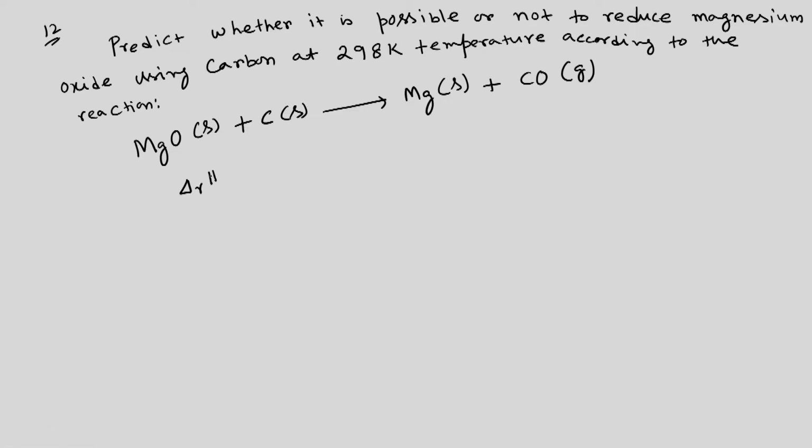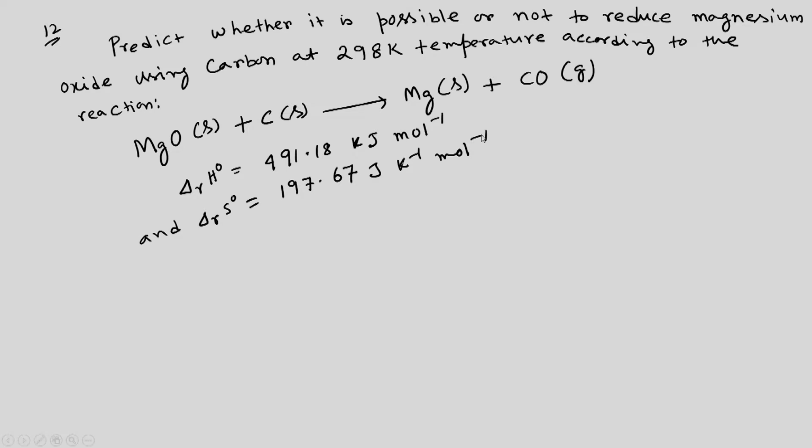Delta H naught R is 491.18 kilojoule mole to the minus 1 and delta S naught R is 197.67 joule per Kelvin per mole.